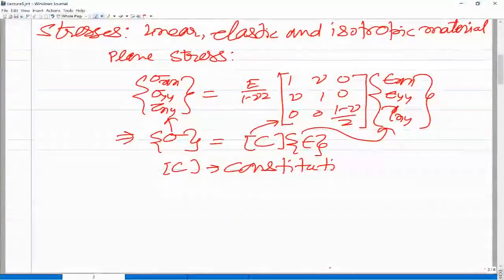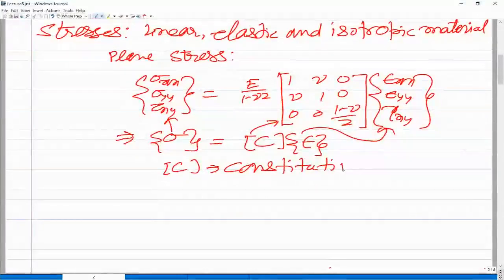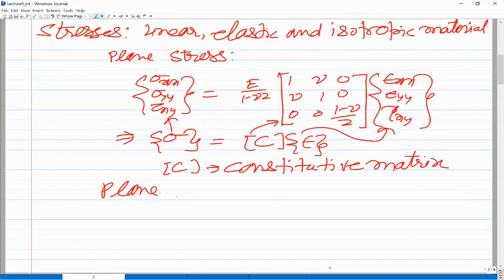So C is the constitutive matrix. Okay, and for plane strain, the relationship is going to be the same. That is a relationship between sigma xx, sigma yy, tau xy, and epsilon xx, epsilon yy, and gamma xy.